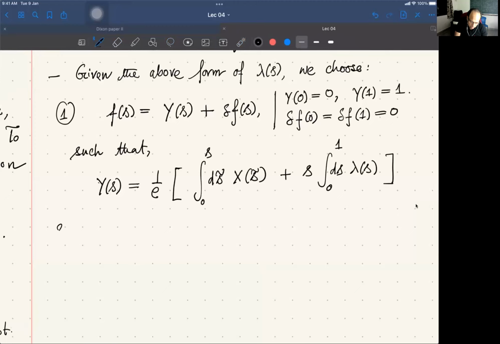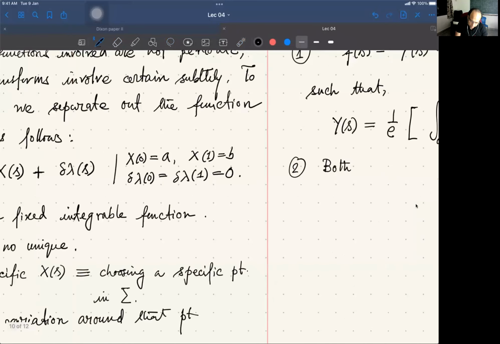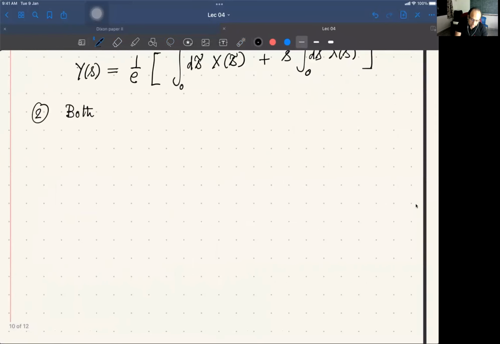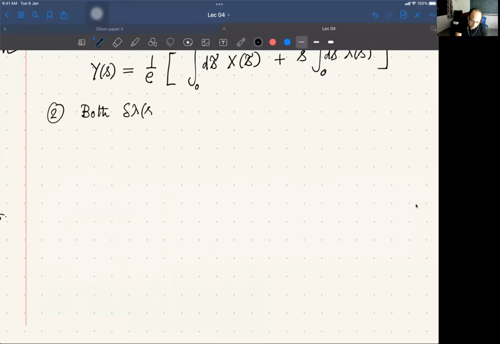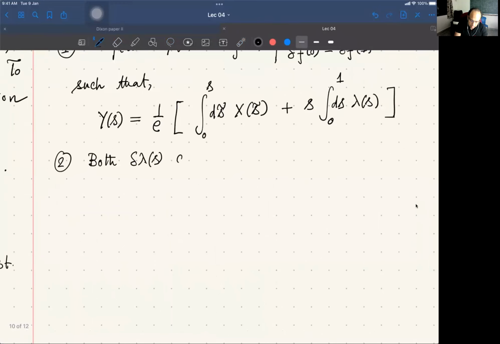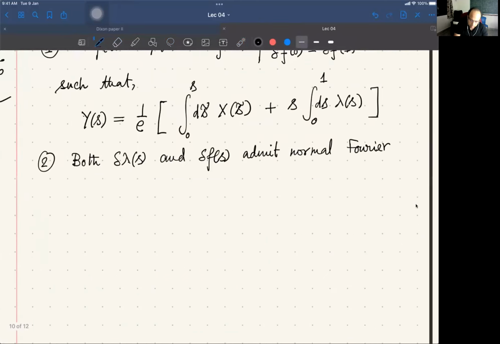Number 2 is that both delta lambda of s and delta f of s admit normal Fourier expansion.